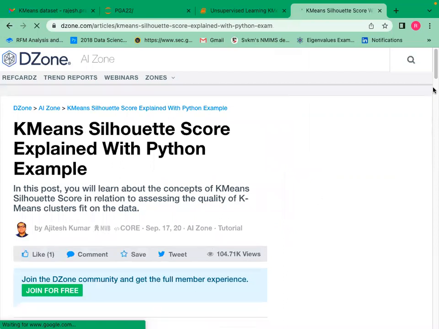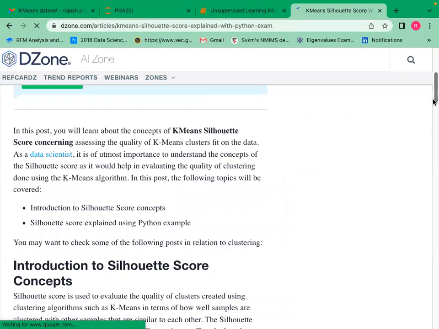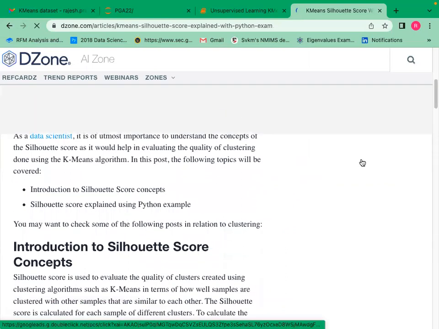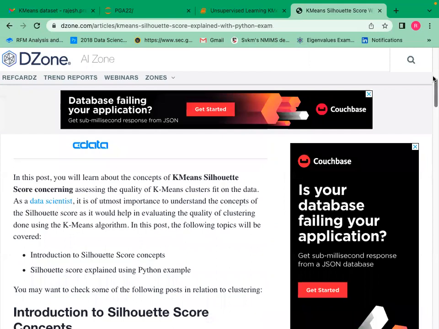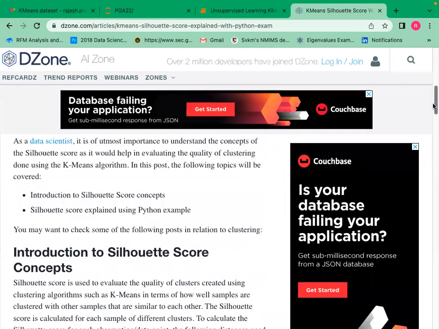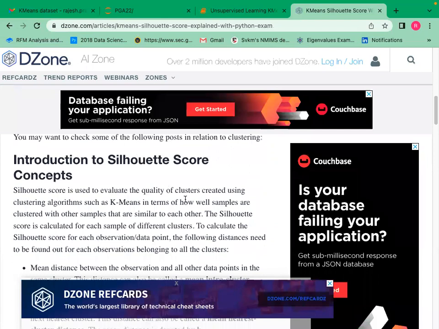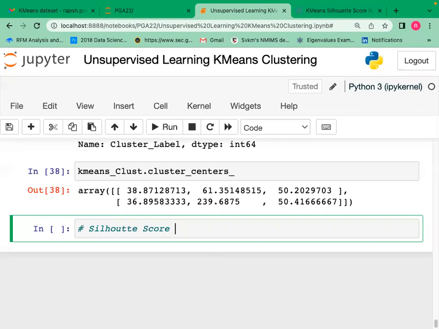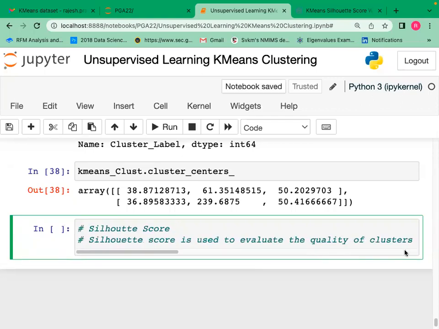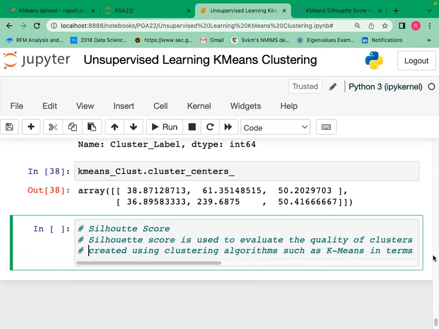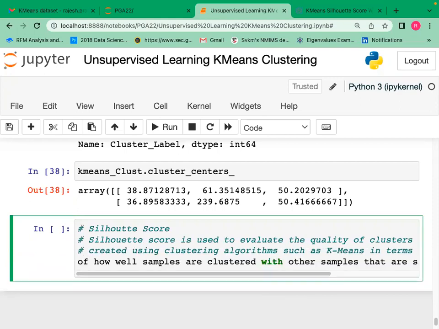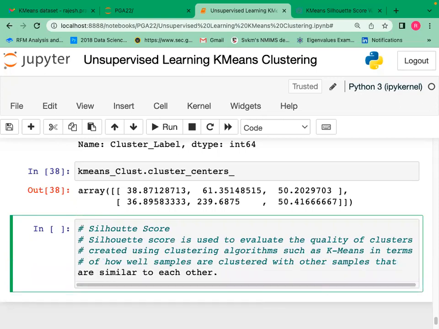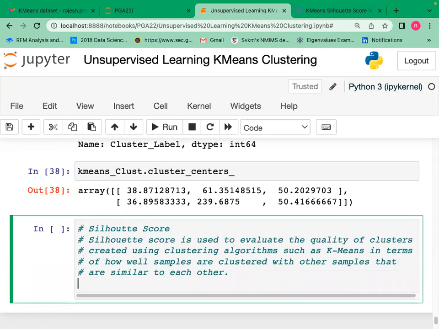So Silhouette score is a method used to evaluate the quality of clusters after building them. It tells us how well the samples are clustered to each other, how the clusters are formed.